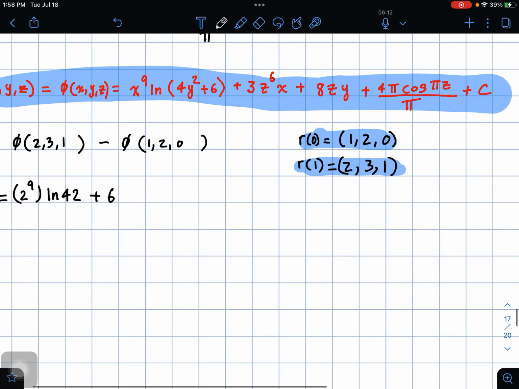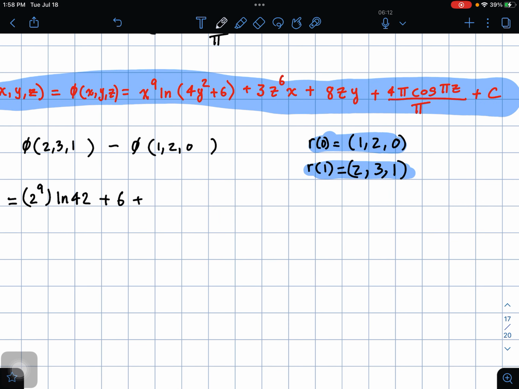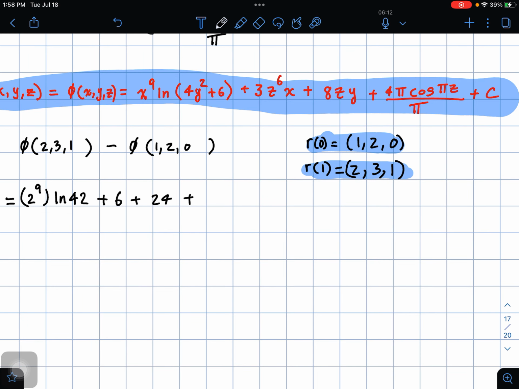Okay, plus 8zy, so z is 1, y is 3, so that's 8 times 3, which is 24. And then our final thing is 4 pi, that annoying thing. Z is 1, and I think it turns to cos pi. Cos of pi is negative 1.